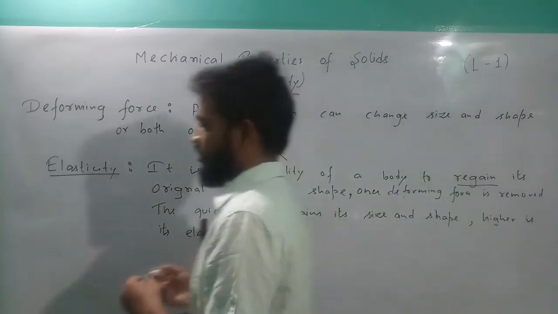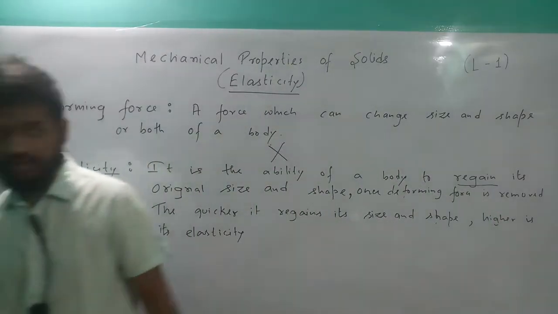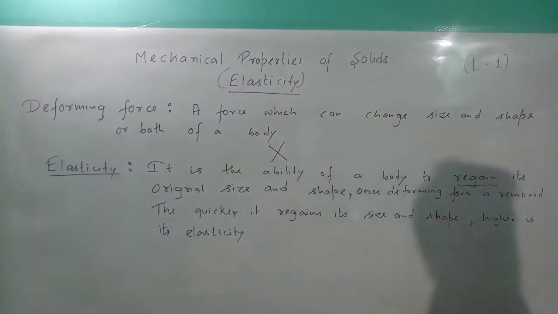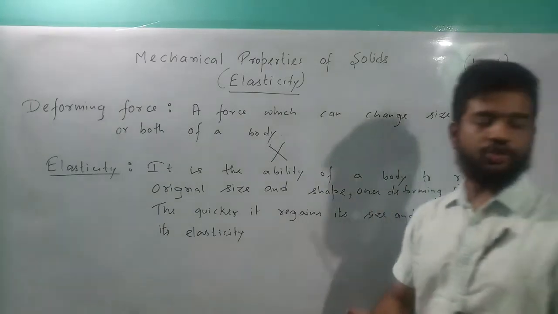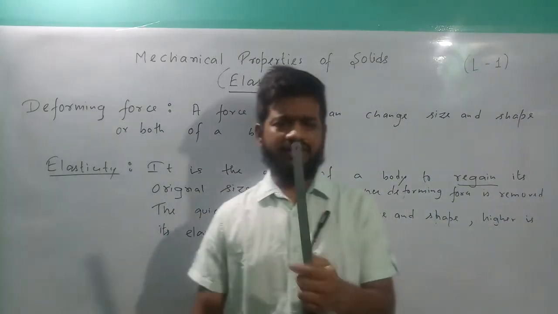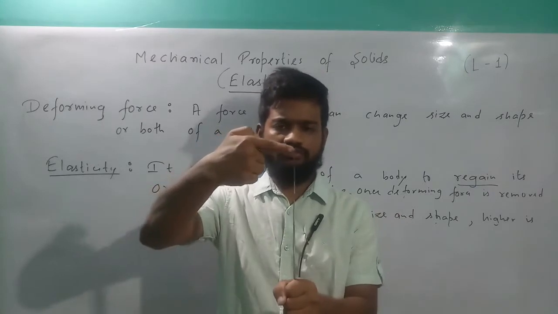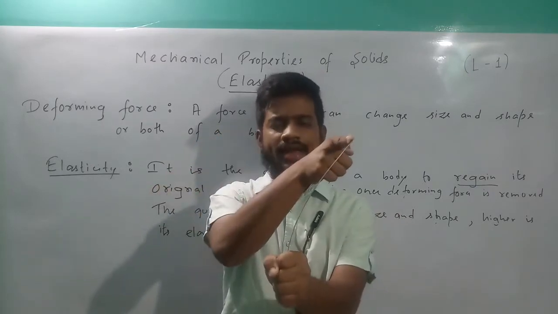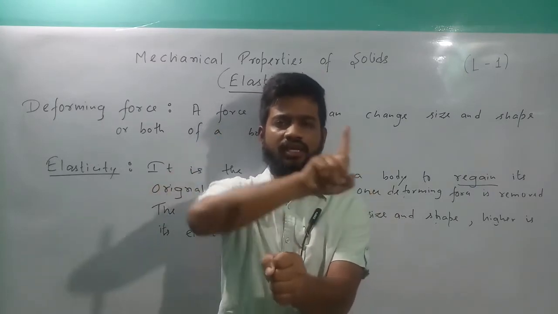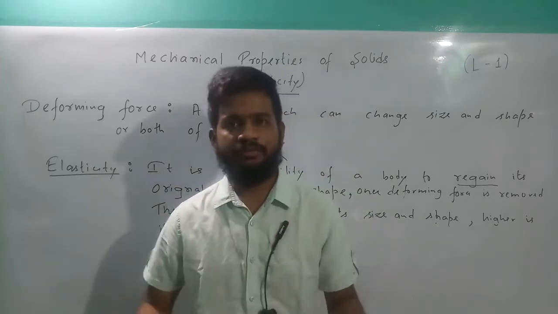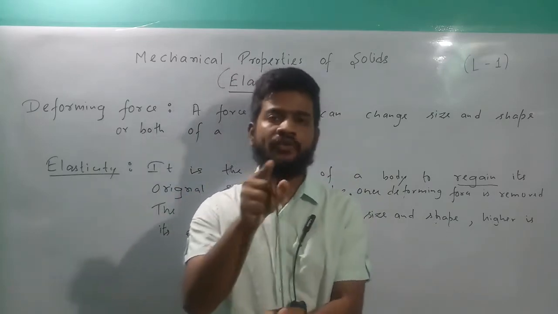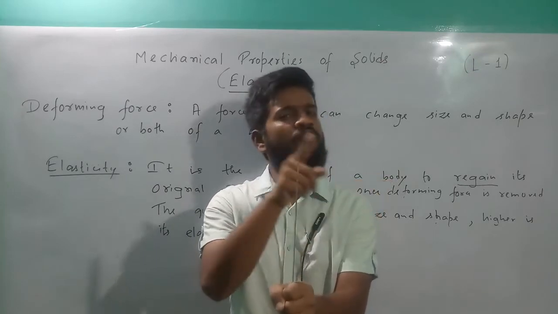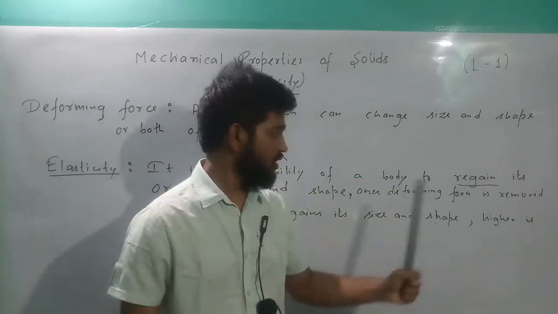Let me give you one instance. Suppose I take this steel scale that I showed you, and I apply some sort of deforming force. This is the deforming force. And I let go of the deforming force. You can see the scale quickly regained its shape and size once the deforming force was removed.